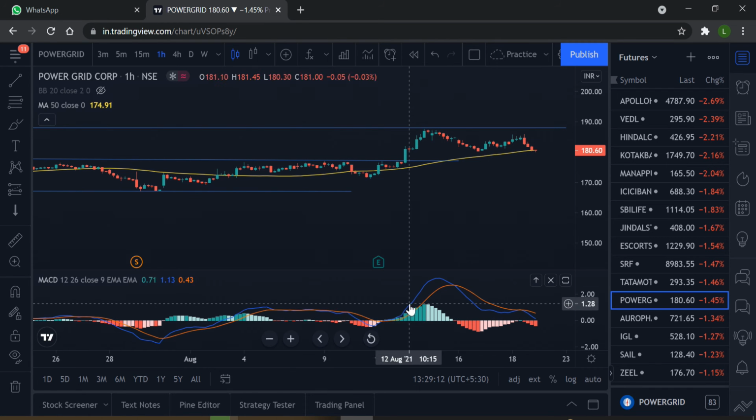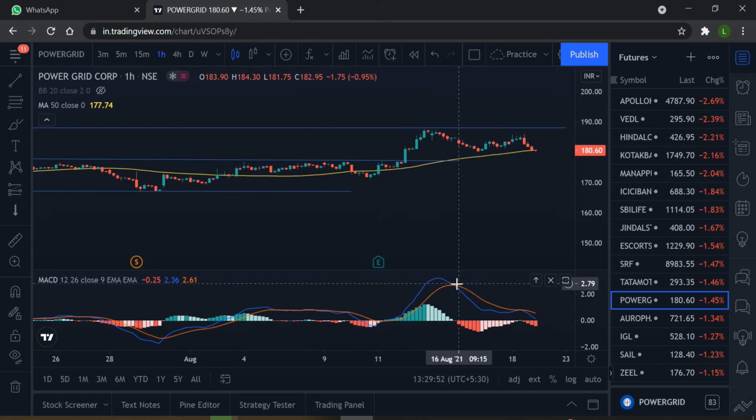Whenever the blue line and red line are above this center line, that means the direction is clearly upside. Whenever the blue line is crossing above the red line and moving above it, then the direction is upside.